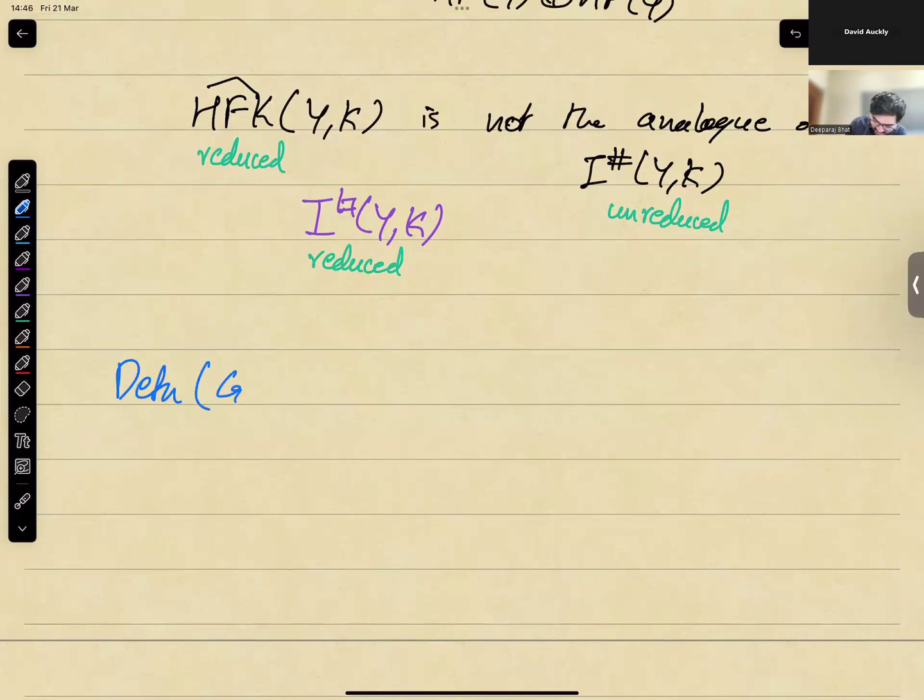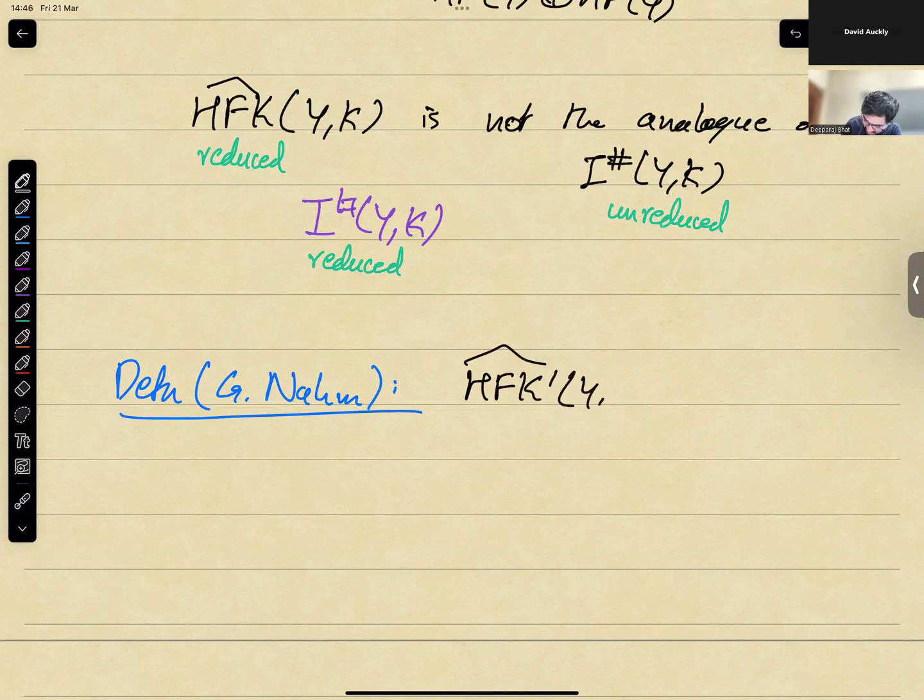And this is by Gheehyun Nahm. What he has come up with, he dubs HFK prime of (Y, K), an unreduced knot invariant.